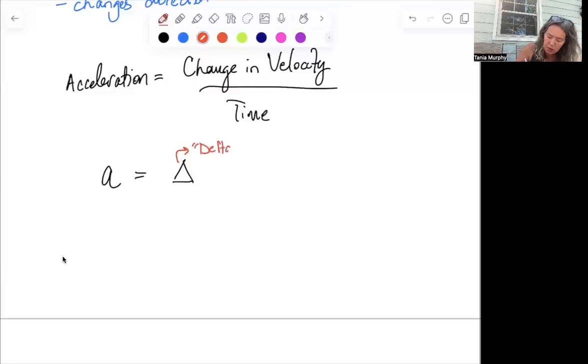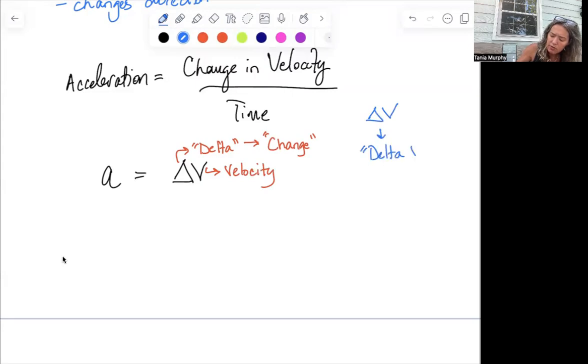It is a Greek letter and it means change. And then next to that, we'll have V, and that is for our velocity. So the term triangle V means delta V, which means change in velocity.